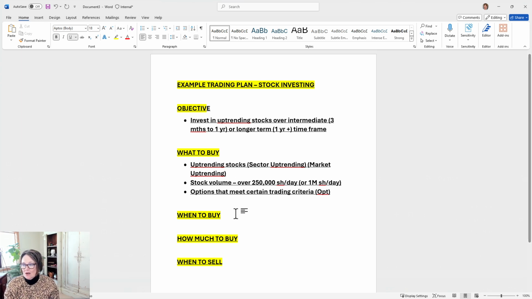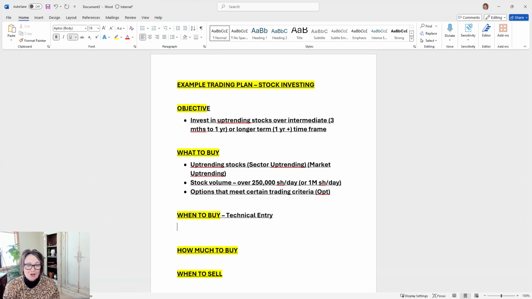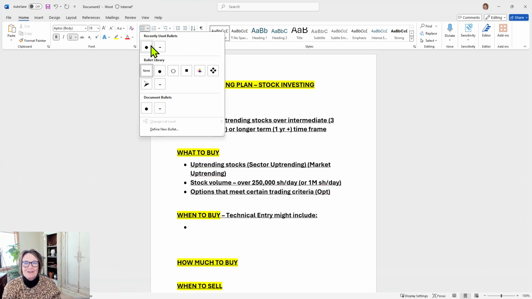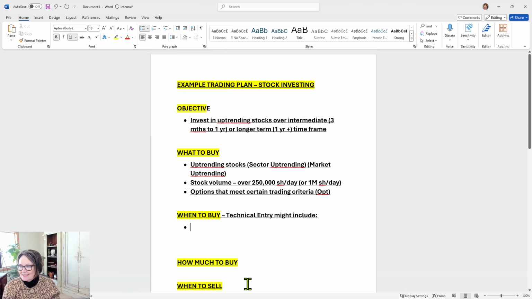Now, when might you want to buy? What we're really looking for here is a technical entry, which is based on looking at the charts. I'm going to say here it might include, because this isn't going to be an exhaustive list, and you may want to come to the getting started with technical analysis class, when something is bouncing off a support level.